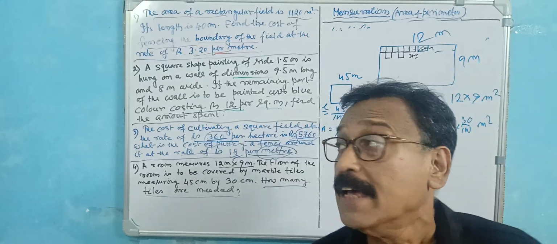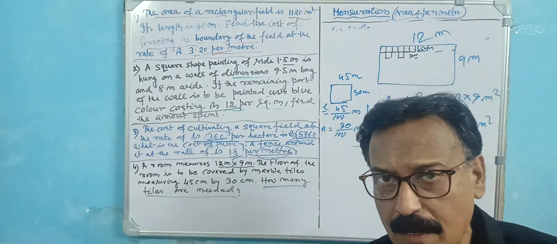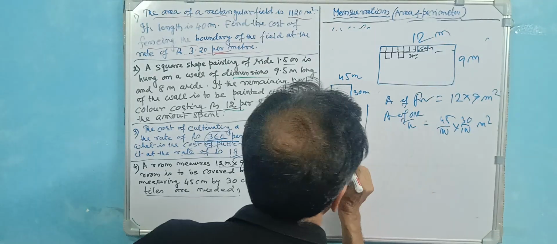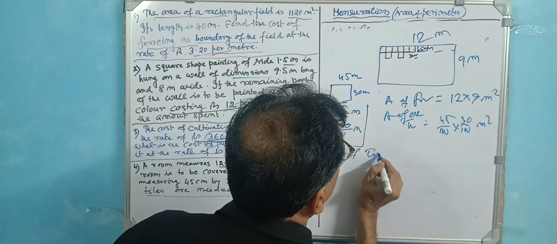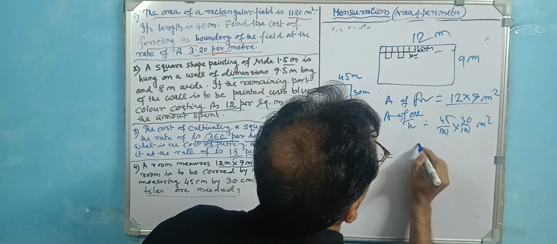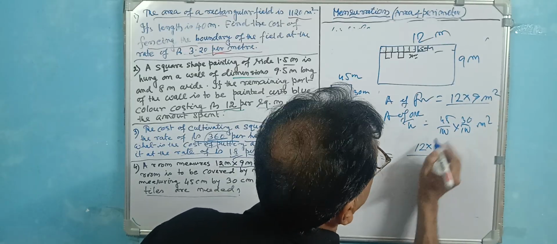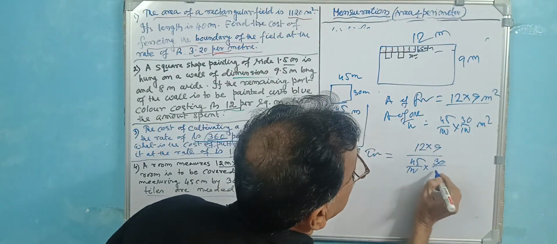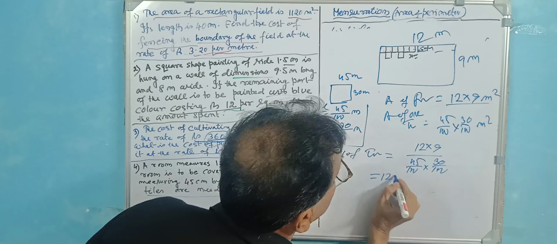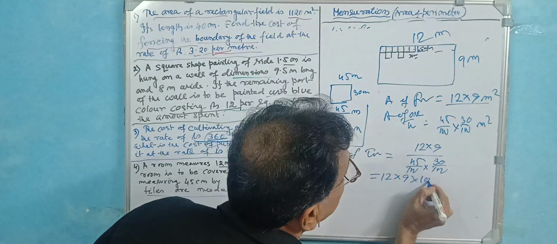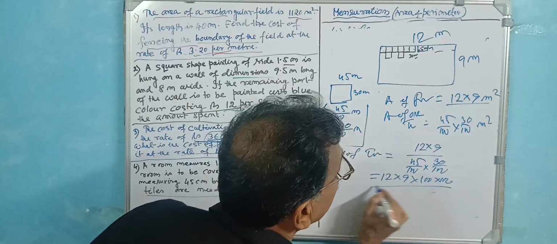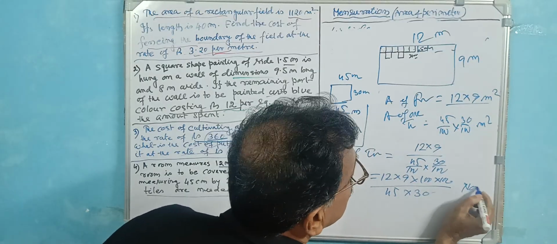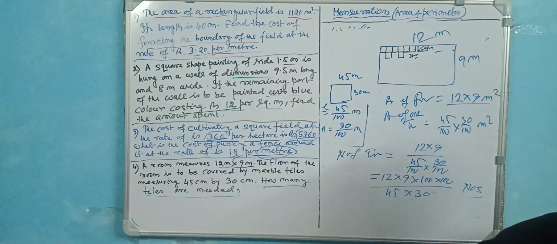Suppose 50 tiles, each and every tile area is x, so 50 x. So the number of tiles is equal to the area of the floor, 12 into 9, divided by this. Now this is 12 into 9, the down part is 100 into 100, and this is the 45 into 30. It's clear? This is the number of tiles. Is it okay to you?